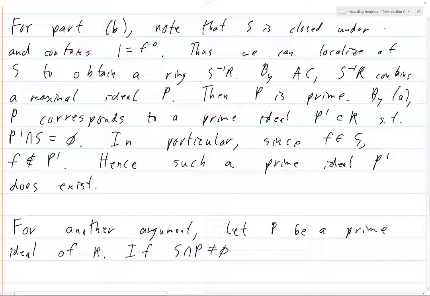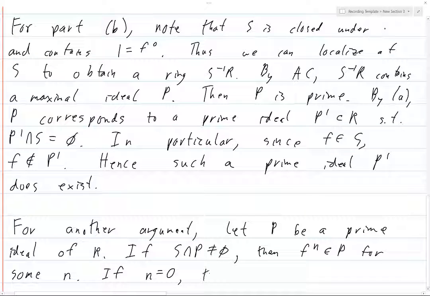so here S is the collection of F to the n's, then F to the n is in P for some n. So here, if n equals 0, and I didn't really think about this, then 1 is in P, so P equals R. And then what does that mean?